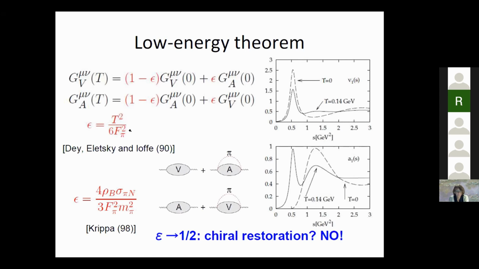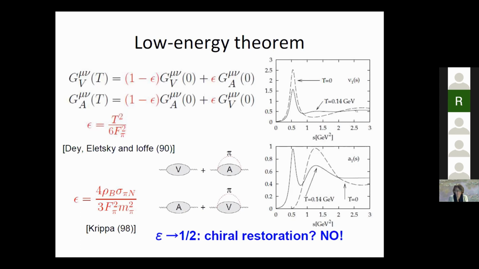This is called the mixing parameter, and this is the same quantity in diagrammatic expression. From this formula, it is clear that some portion of the axial vector spectral function should be present in the in-medium vector spectral function. This is such an illustrative calculation.